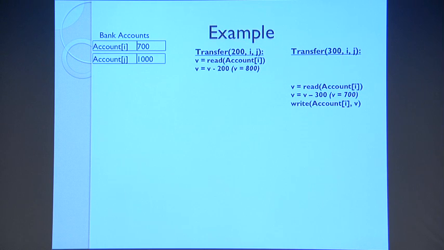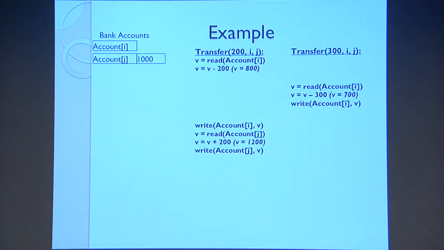It reads account I, and when you read it, it's still 1,000. We read it into the local variable V, we decrease 300 from it, and then we write the new value, 700, into account I. And then we continue with the left thread, which writes the V value that we had before, 800, into account I. We increase account J by 200, so from 1,000 it increased to 1,200.